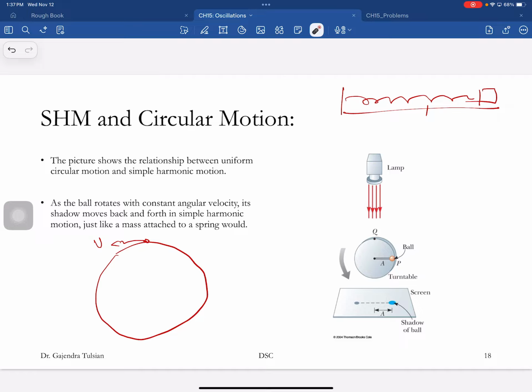Now you could do another thing. So here is this circular motion. You can shine a light like this and get another shadow projection here. This is also a simple harmonic motion. So uniform circular motion is a sum of two simple harmonic motions.